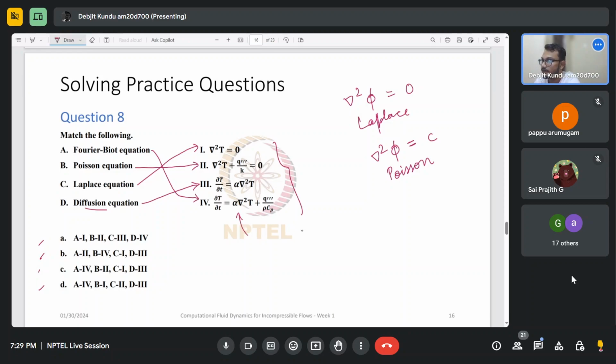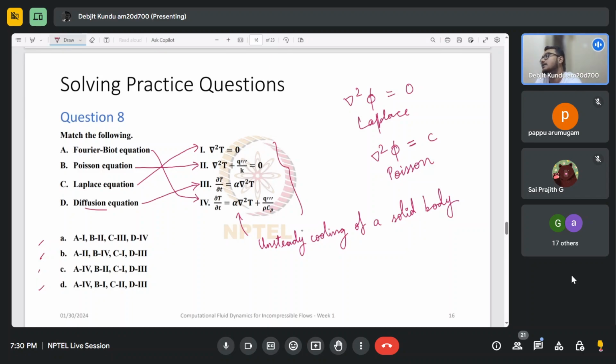This is basically the unsteady cooling of a solid block. This is known as the Fourier Biot equation. If we non-dimensionalize this, we get something known as the Fourier number and the Biot number as well. These things we learn in heat transfer, but for now we are just interested in the equations, and these are all related to different situations of heat flow.